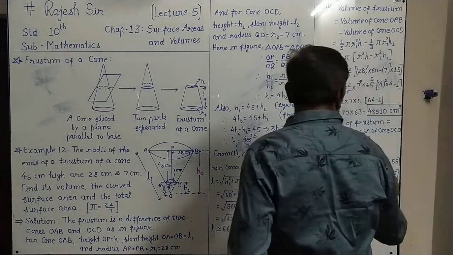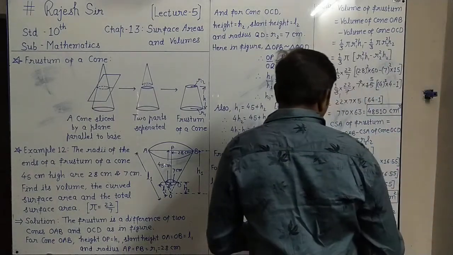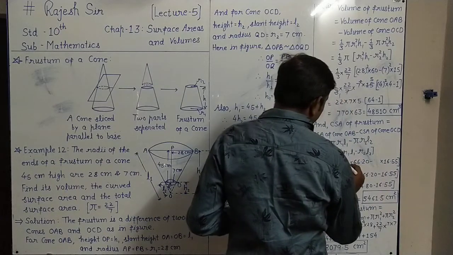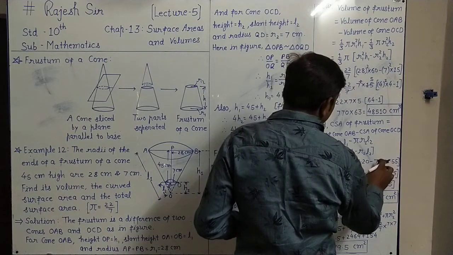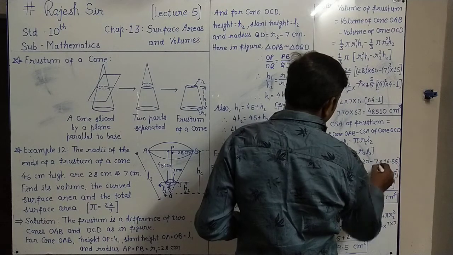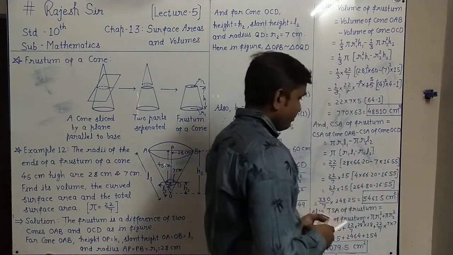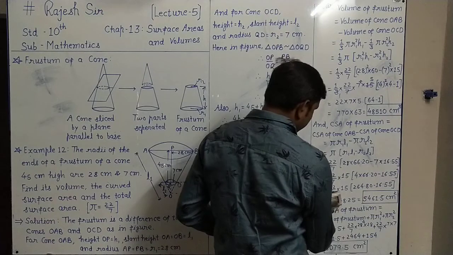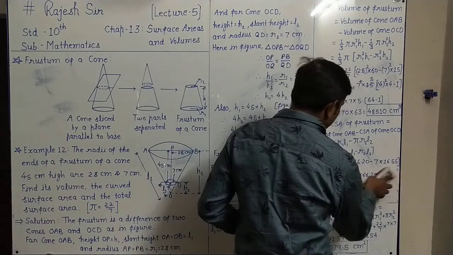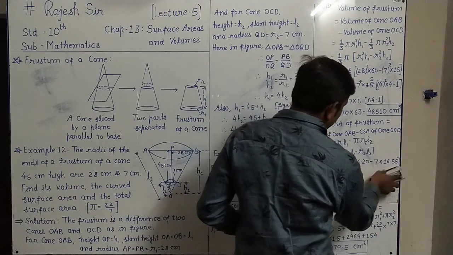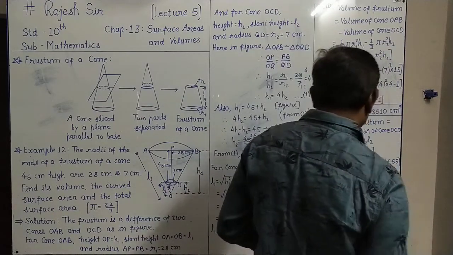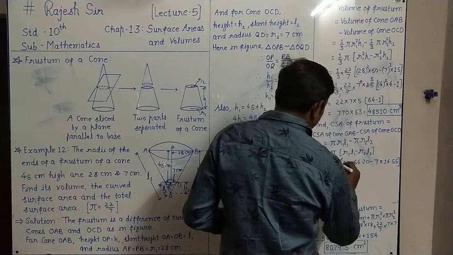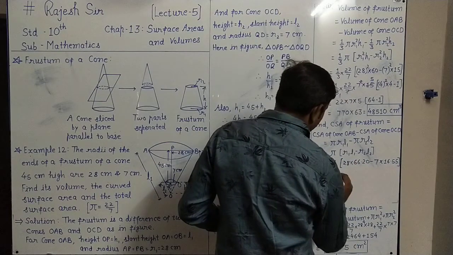R1 is 28, R2 is 7. So here what we have is 22/7.